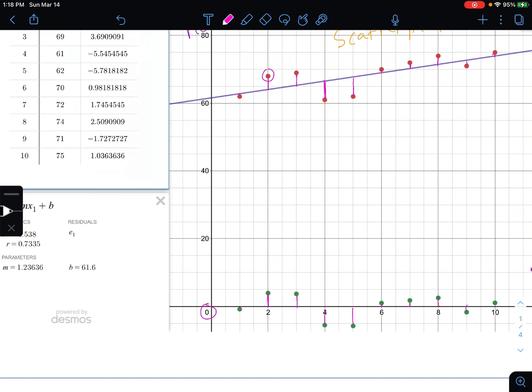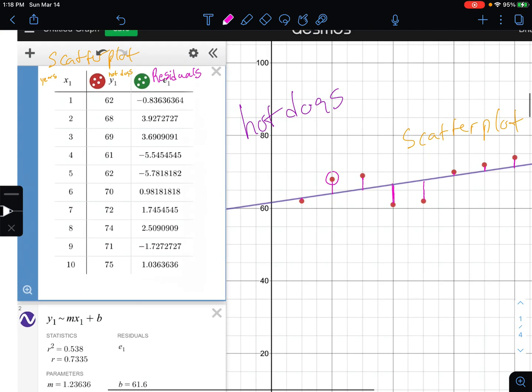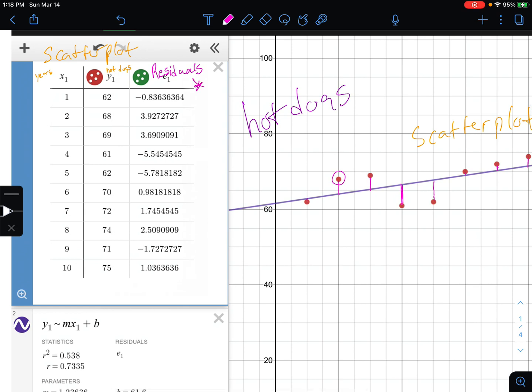And each one of those distances is shown right over here in the table, where the negatives, remember, mean that the point is below the line. So for instance, this one right here, that's going to be that residual right there because it's about negative 5.5. It's 5.5 units below the line.